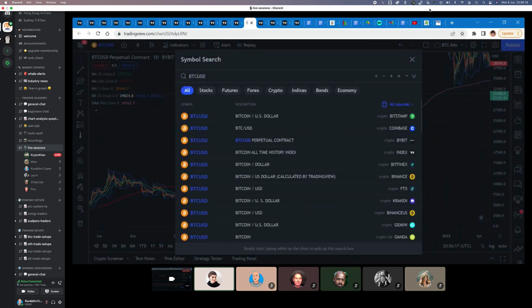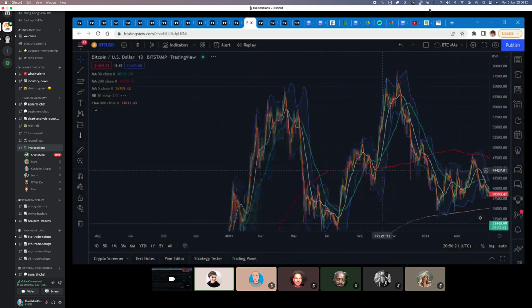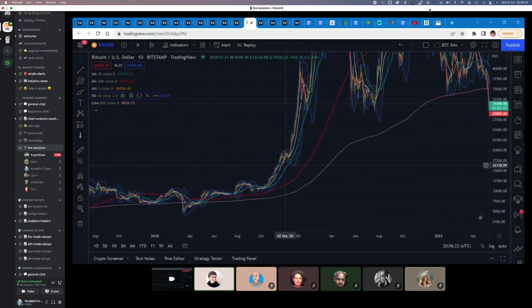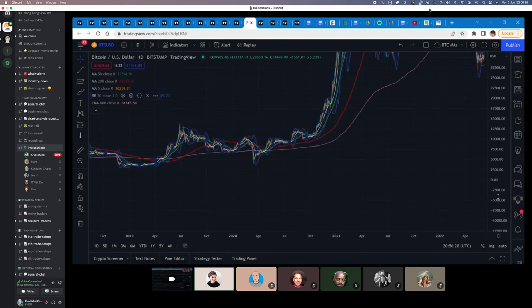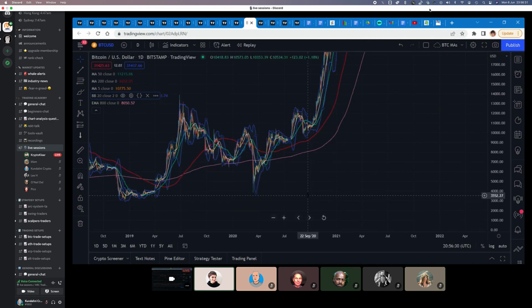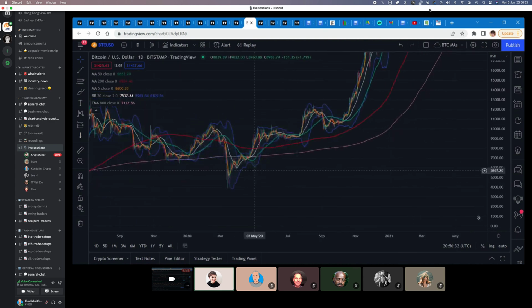I looked at it earlier on last week, but I'll change over to Bitstamp because there's a little bit more history. And now, I found a couple of times when it's done that. So here it came, the 50 came over the 800 EMA on the daily.